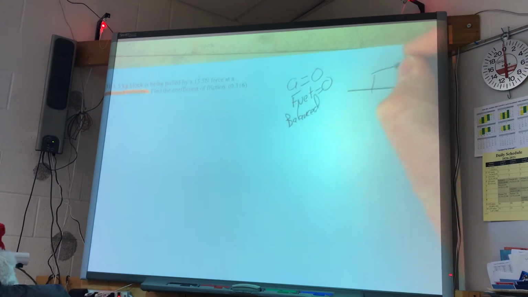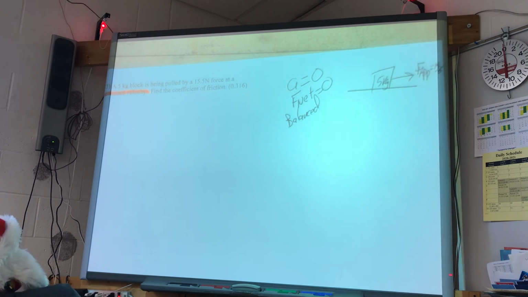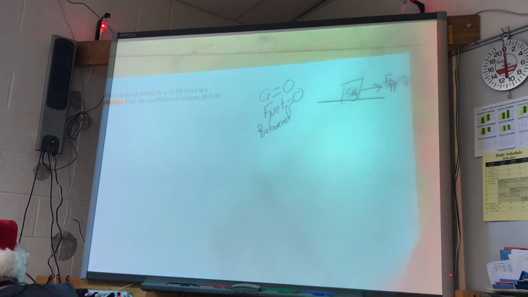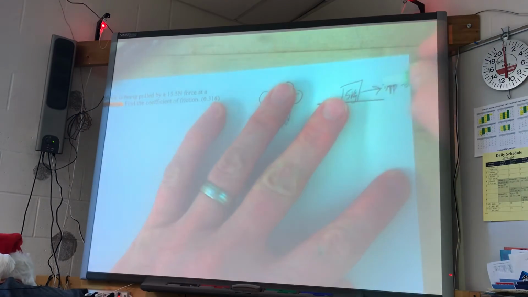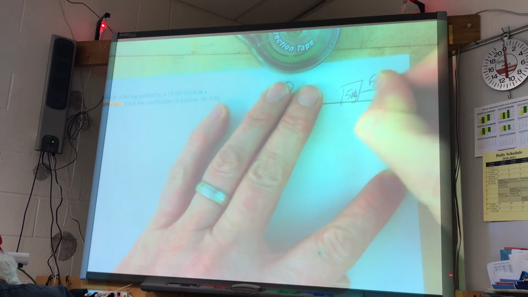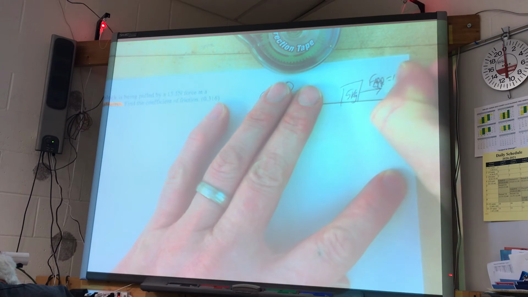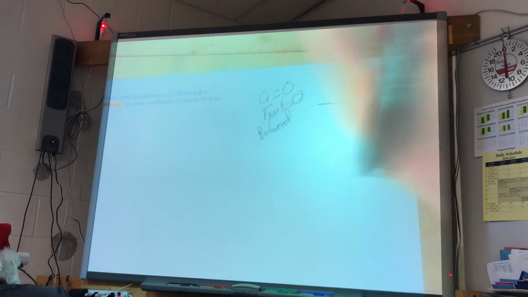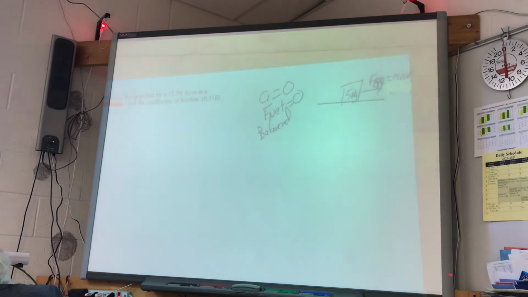So we have our 5 kilogram block. We have applied force of 15.5 newtons. What other forces are acting on this thing?